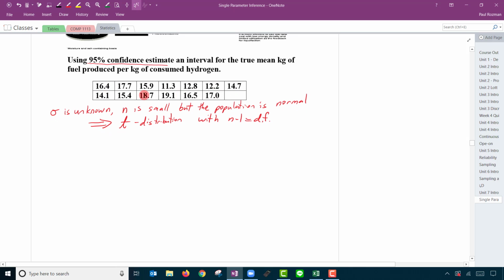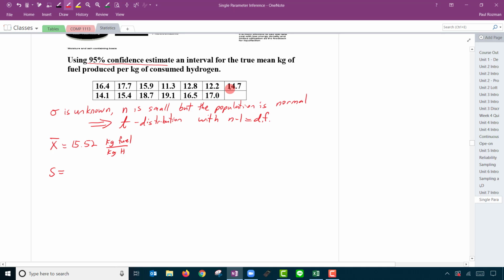Plug these 13 values into your calculator and calculate the mean. I ended up with 15.52 kilograms of fuel per kilogram of hydrogen. And I came up with a standard deviation. Remember, you use s here because this is a sample.